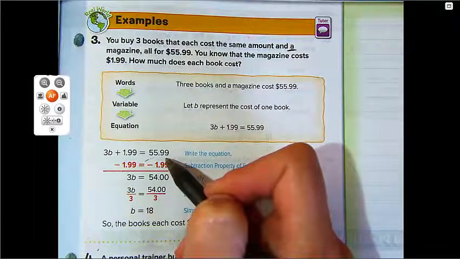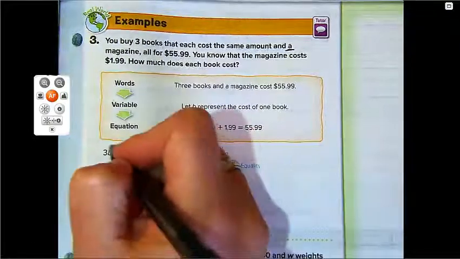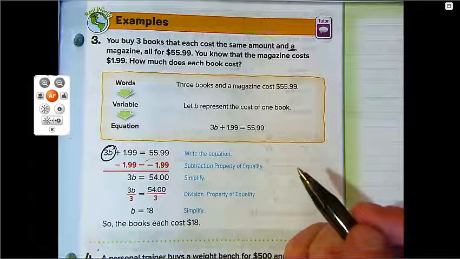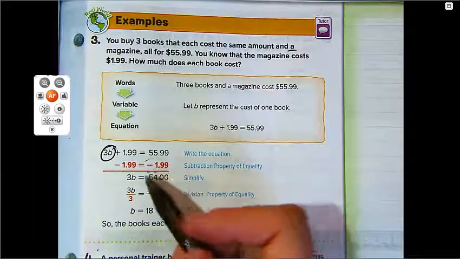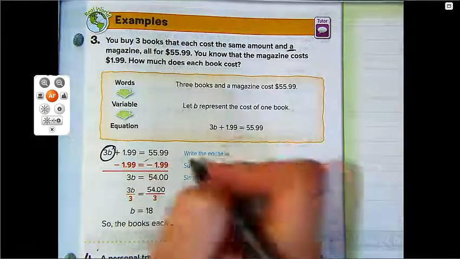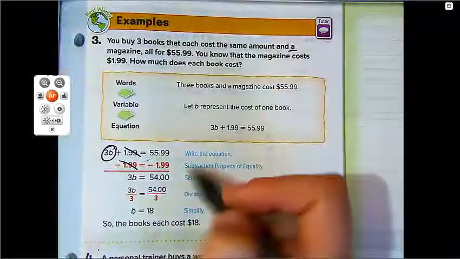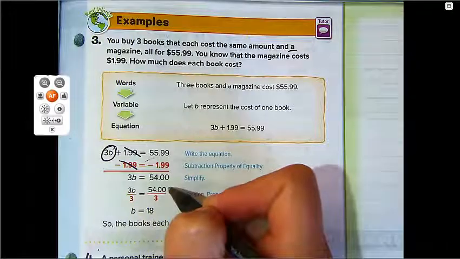So here's the equation that I then solve. I'm looking at the variable side, so I want to move everything away from the variable. So I had plus $1.99, so I want to subtract $1.99. And then the $1.99s cancel each other out, and I'm left with the 3B equals $55.99 minus $1.99 is $54.